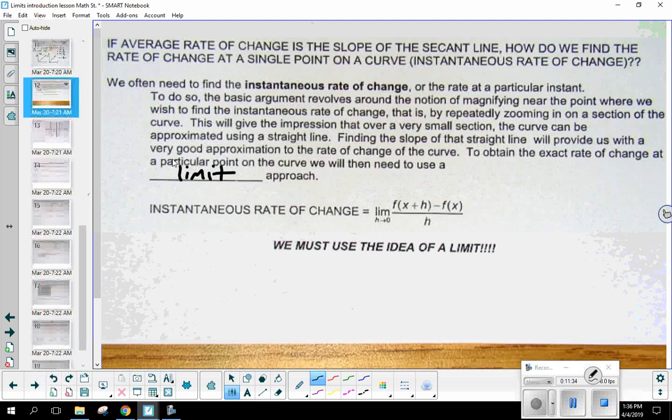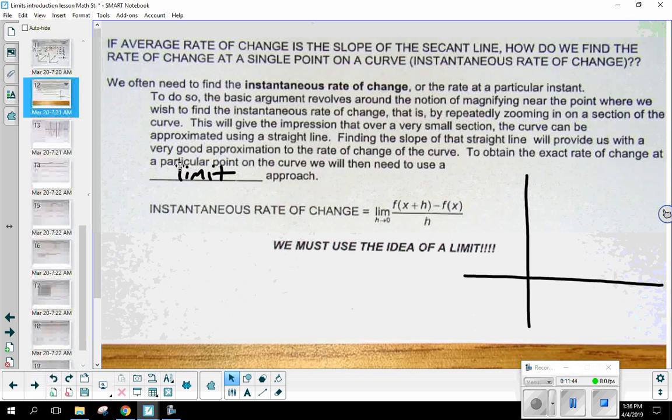limit approach. Okay. So we actually kind of alluded to this the other day. Just think about the curve that we were looking at yesterday when we were doing average rate of change. We had some curve like this. We called it F. Well, we can find the average rate of change between 2 points on a secant line, but it's not going to be continuous because it's not a linear function, right?